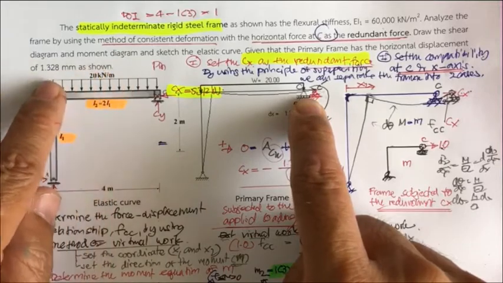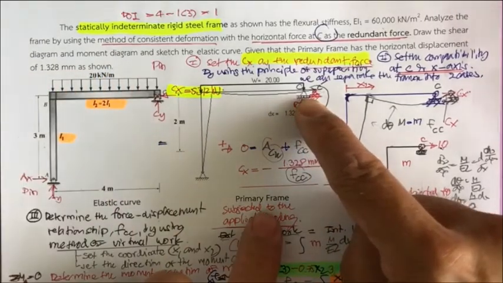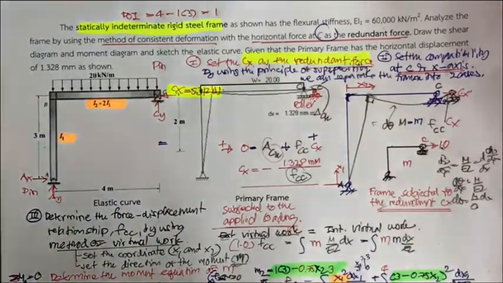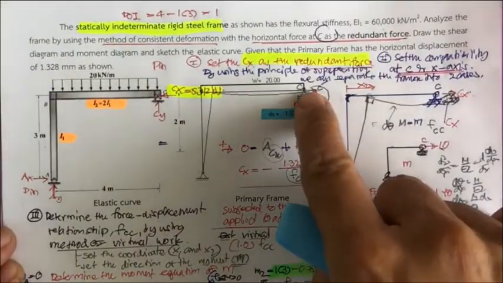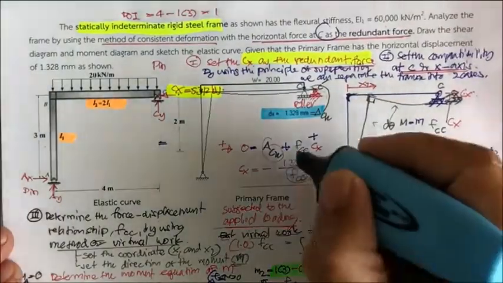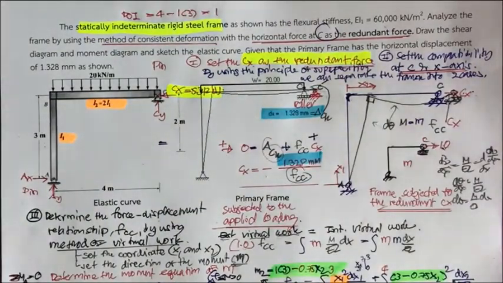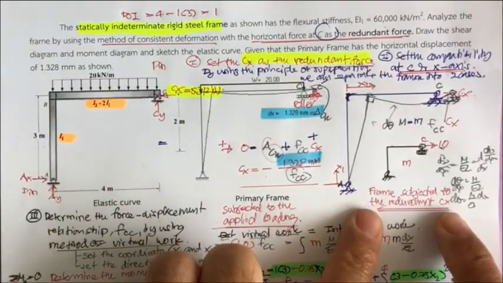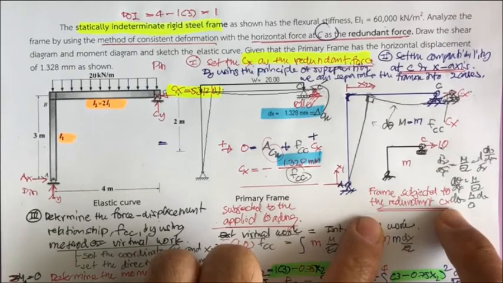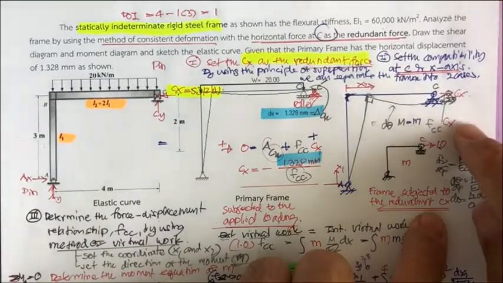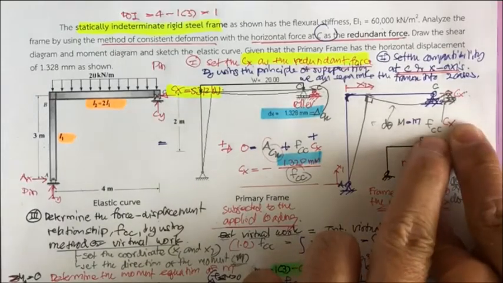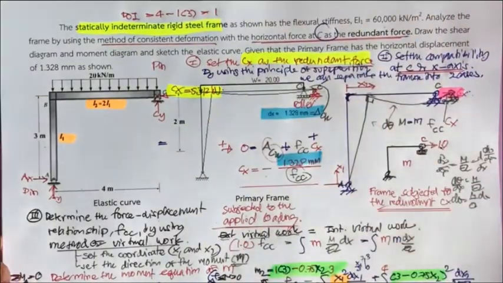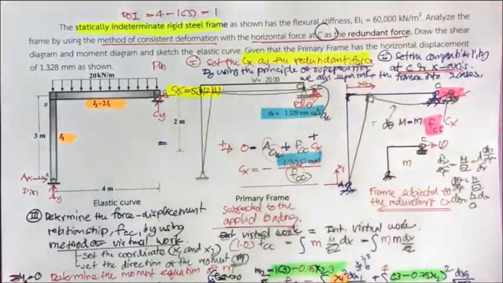So under the application of the force that acts on the primary frame, there is some deformation occurring along the horizontal direction, and that is 1.38. Okay, and this frame will be plus this frame when it is subjected to the redundant force of C sub x. Since C sub x is unknown, usually we set C sub x equal to 1 and determine the deflection in this direction, and we call this F sub cc.